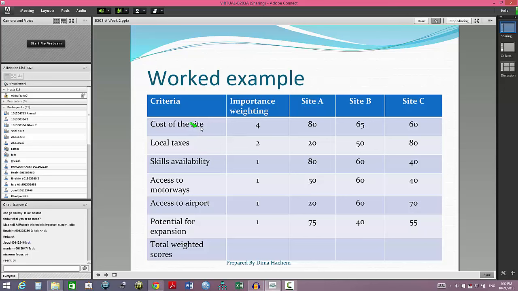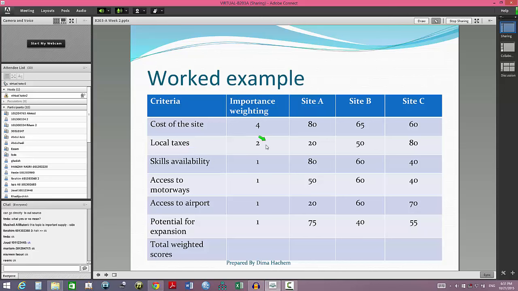We want to decide our location mainly based on the cost of the site, so we give it 40%. Then local taxes also, we want to compare between those three sites based on the local taxes. And this is our second criterion, that is why we give it 20% here.